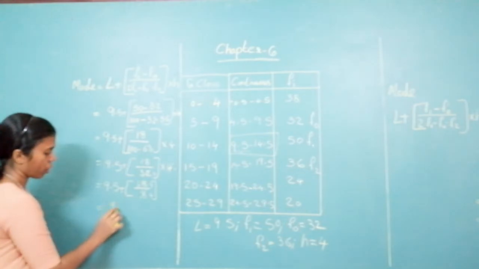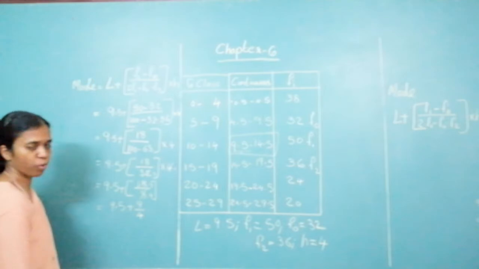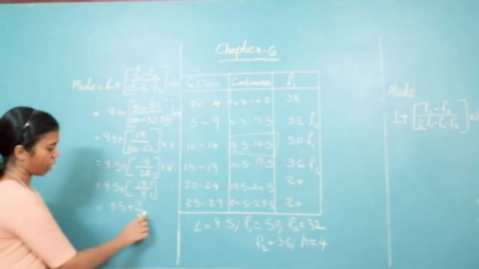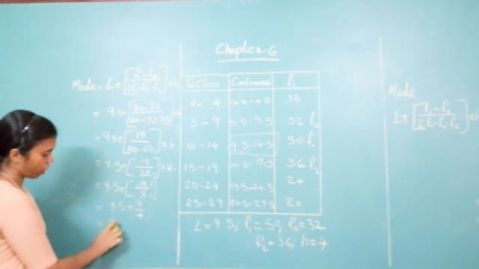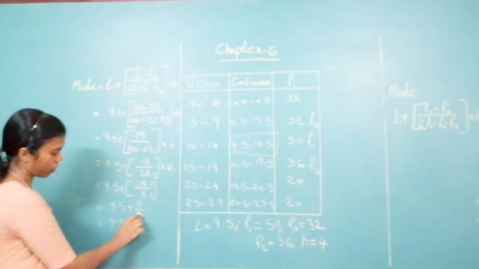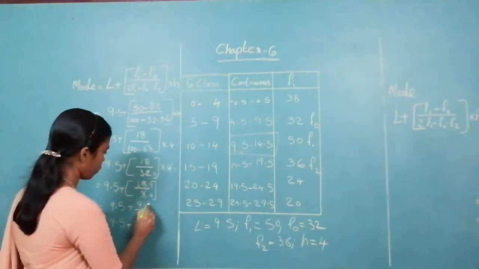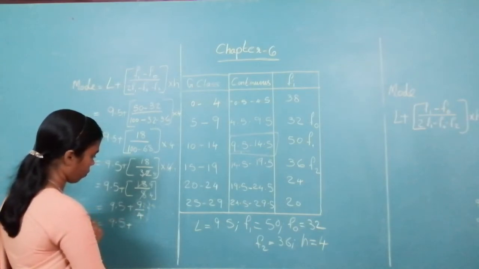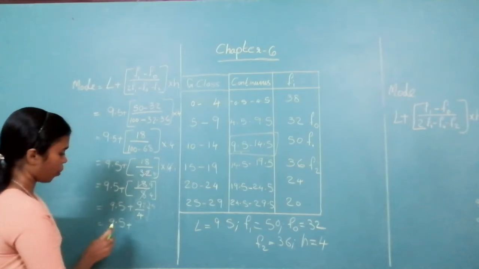So what are you getting over here? 9.5 plus 9 upon 4. First you solve this, get the value for it, and then add to 9.5. So how much will you get? 9.5 plus 2.25.